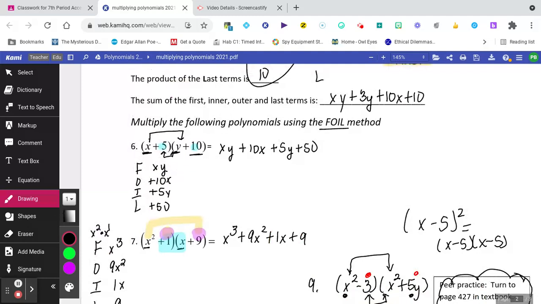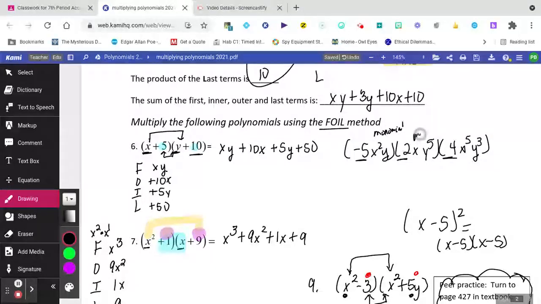You're going to see something like this. If you see something like that, it's just straight multiplication. There's no distributive property because they're all mashed together, and it's just a monomial times a monomial times another monomial.